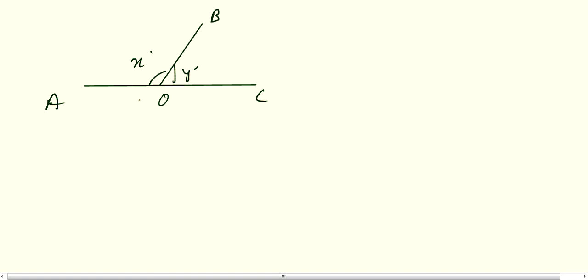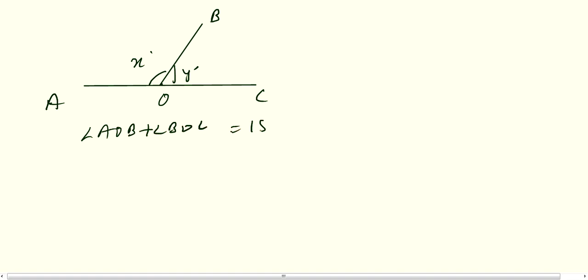Then the next question you can solve, in which you are having X and Y degree. So this is A, O, C, and this is B. This angle is X degree and this one is Y. So AOC is a straight line, a straight angle is here, and two angles are there, AOB plus BOC.